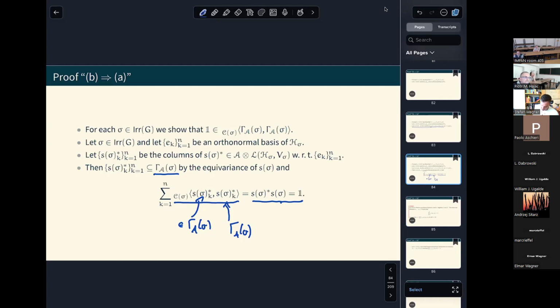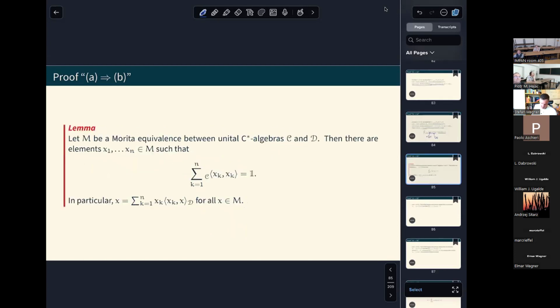For the other direction, you start with the free C-star dynamical system, and now you want to get these isometries. We need this lemma, and this is well known to most experts, I guess. Whenever you have a Morita equivalence bimodule between C-star algebras C and D, then you can find elements such that the sum over the inner products is equal to 1.